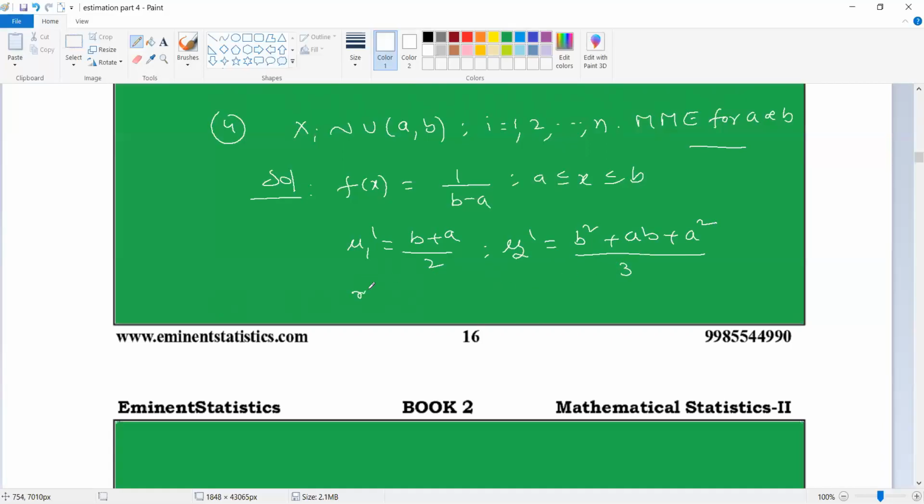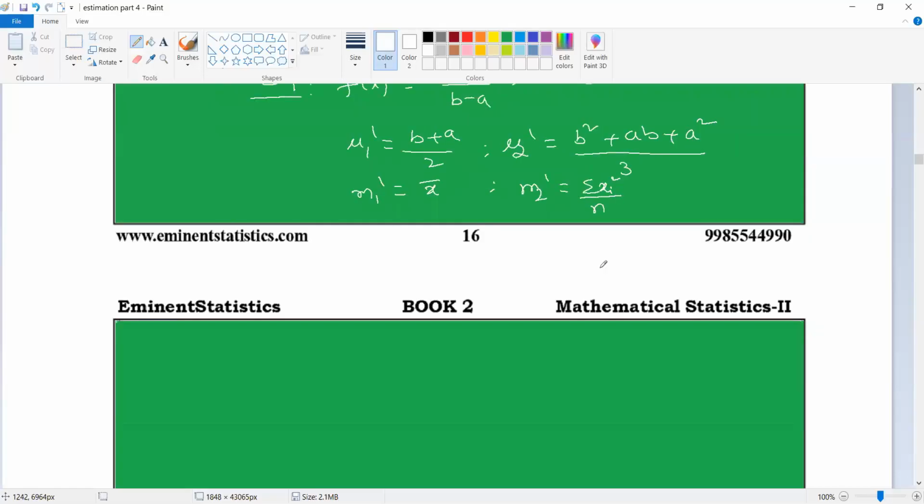Now m1 dash is equal to x bar, summation xi by n, and m2 dash is equal to summation xi square by n. There are two population moments and two sample moments. Here you are equating mu1 dash equal to m1 dash and mu2 dash equal to m2 dash.